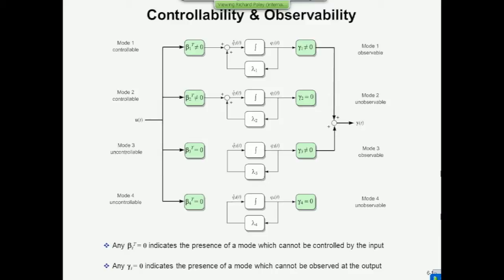It's a controllable but unobservable mode. When the reverse is true, you can see what's going to happen with mode 3. Beta 3 is 0, but gamma 3 is non-zero, so this mode is uncontrollable, but at least it's observable. And finally, there's a mode here which is uncoupled to anything. It's an uncontrollable and unobservable mode. So these properties are very clear once you have a full modal decomposition.